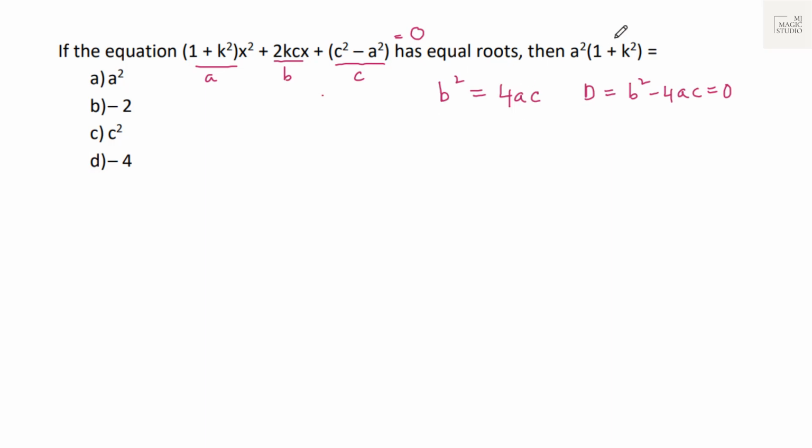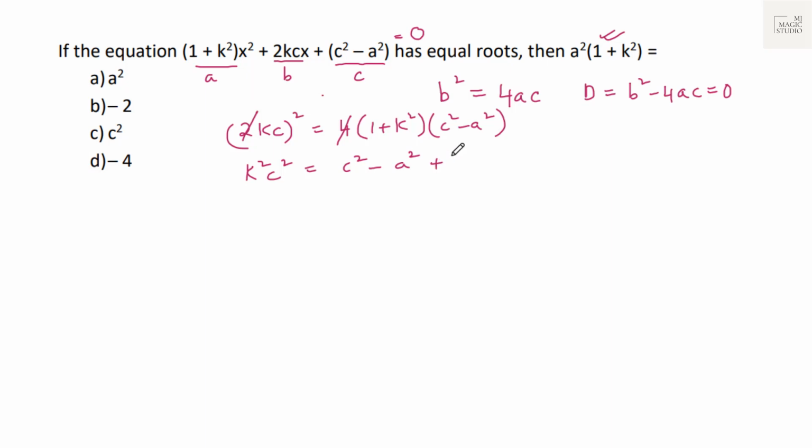So by solving, we will try to identify the value of the given expression. 2kc whole square equals 4 into a into c, that is c square minus a square. So 2 square is 4, that cancels out. So we get k square c square is c square minus a square plus c square k square, I'm just multiplying, minus a square k square.